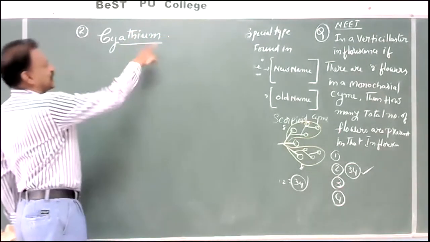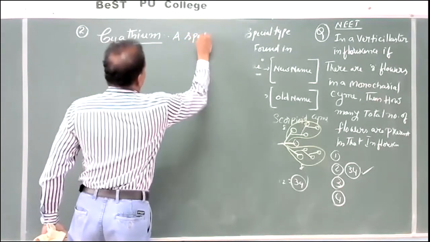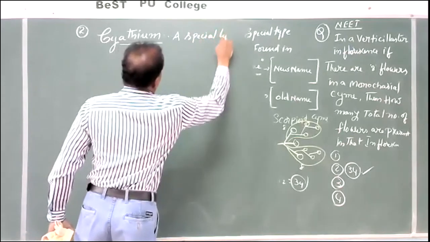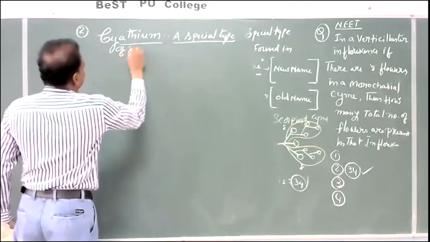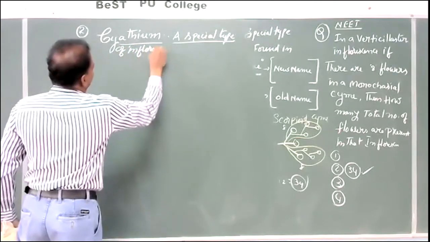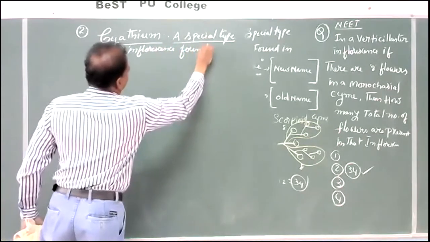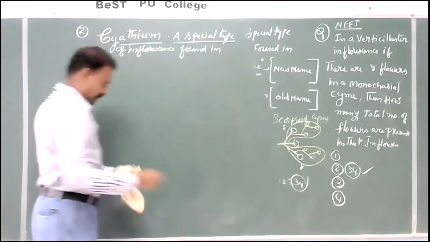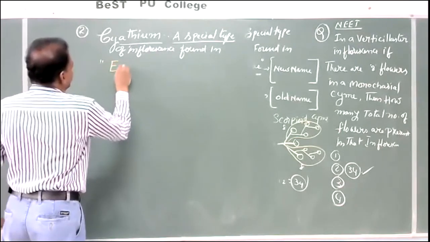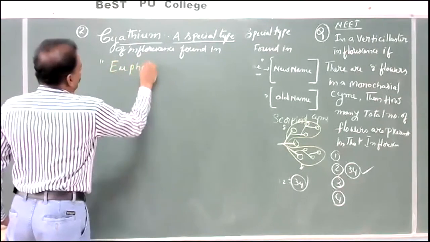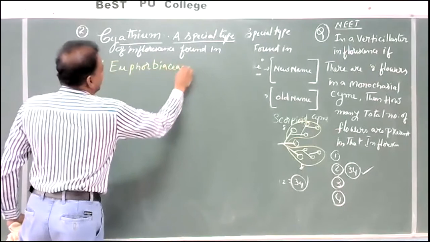It is a special type of inflorescence found in Euphorbiaceae family. EUPHORBIACEAE.